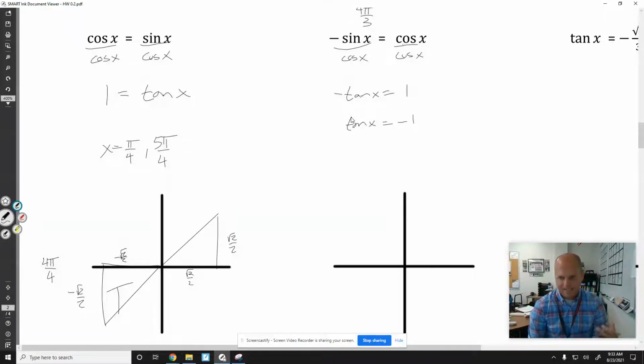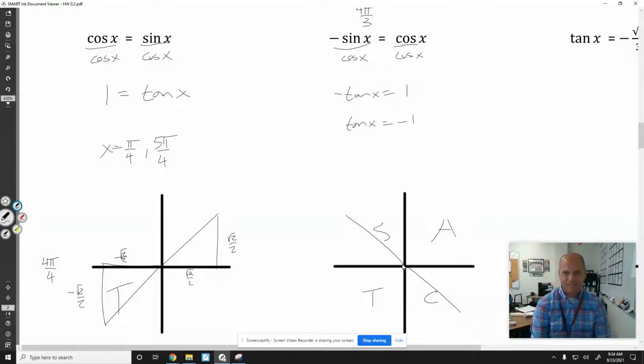Now you have, when is tangent negative 1? Well, tangent is negative in the second quadrant and the fourth quadrant. So what we're looking for actually are the pi over 4s, where the sine equals the cosine, where the vertical equals the horizontal, both in the second and the fourth quadrant.